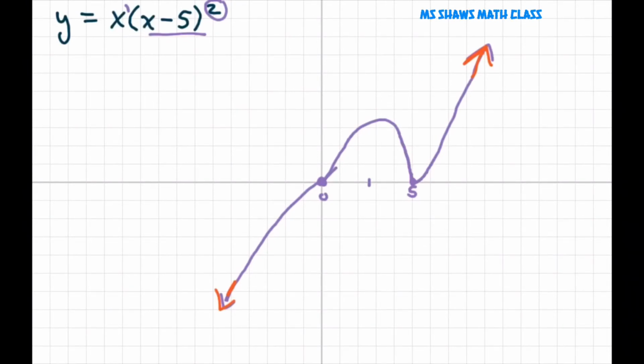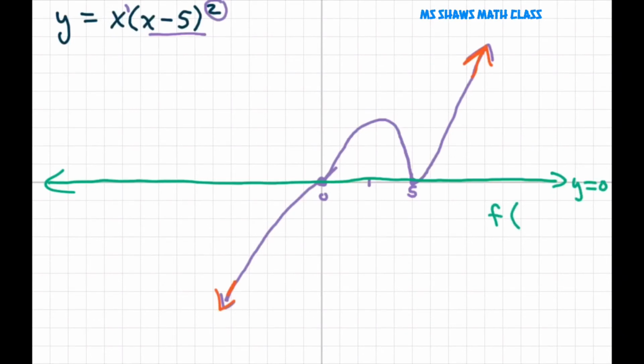Now let's determine where the graph of f of x is positive and negative. We're looking at this line y equals 0. So when f of x, or y, is negative, the only place that's negative is right from here.